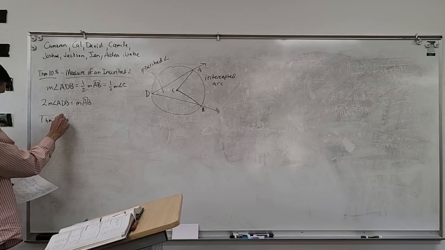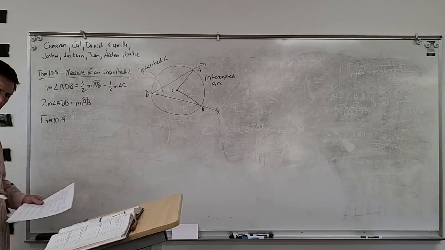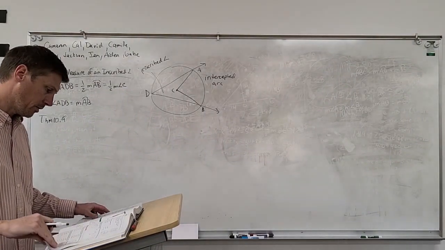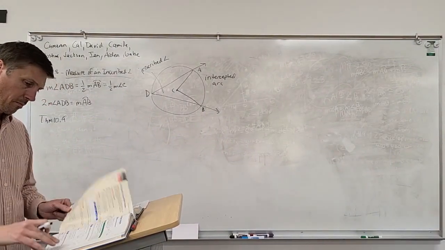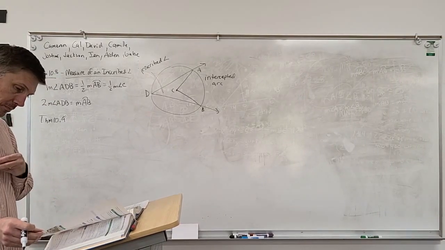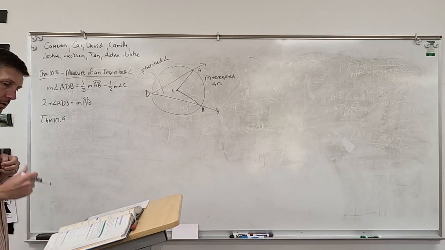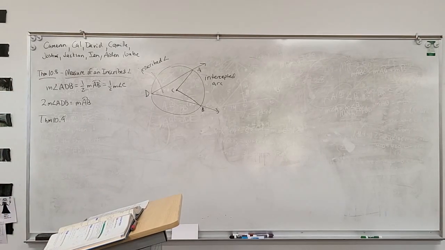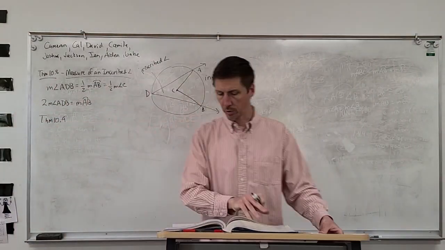Right, I'm just going to write these theorems down real quick and well, maybe I don't. Maybe I'll do an example first. So, I mean, this is just kind of a weird one. It's just weird looking, right?